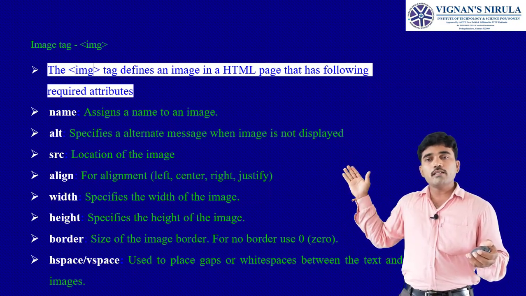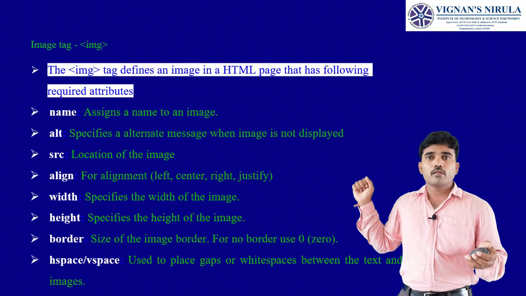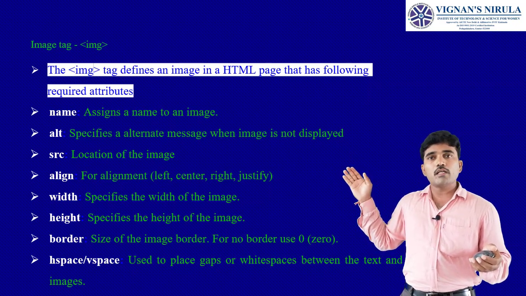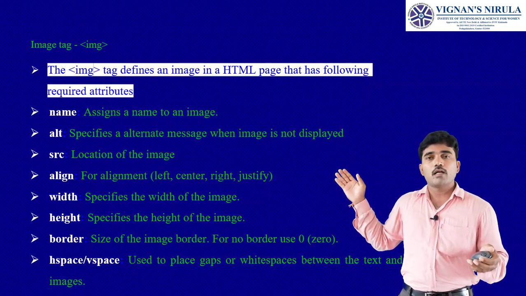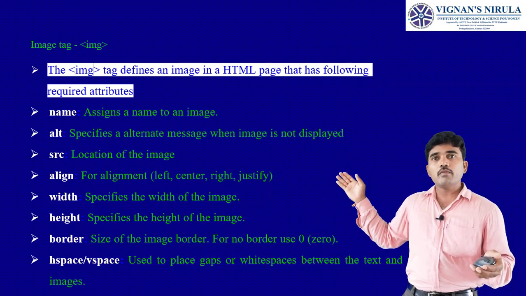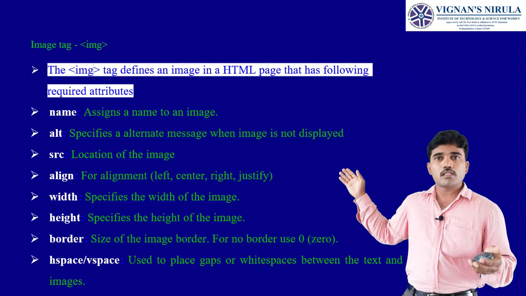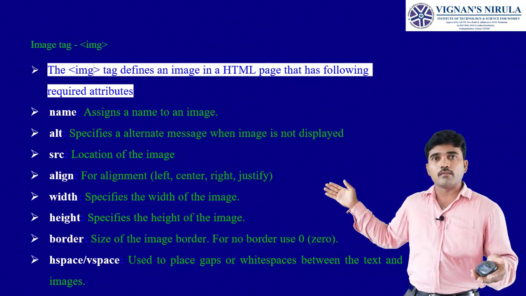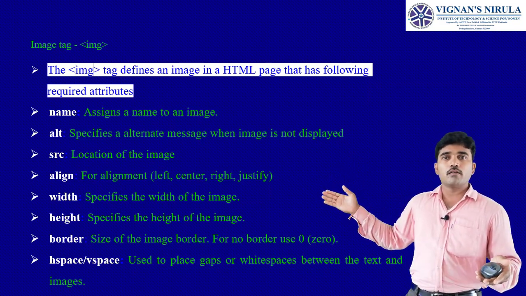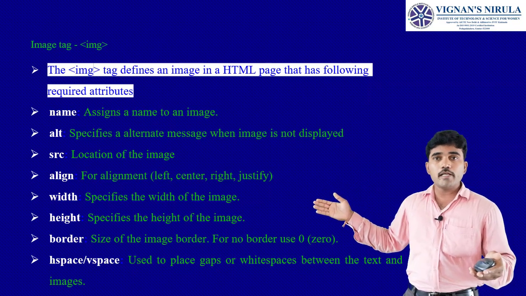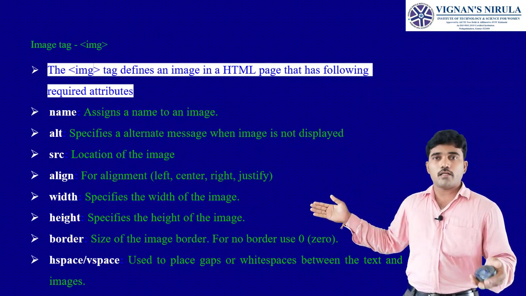The next attribute is SRC, which stands for source. It specifies the location of the image. The next one is align. For alignment, as usual, three values are there: left, right and center. The next one is width. It specifies the width of the image. Students, width means in which direction? Horizontal direction.